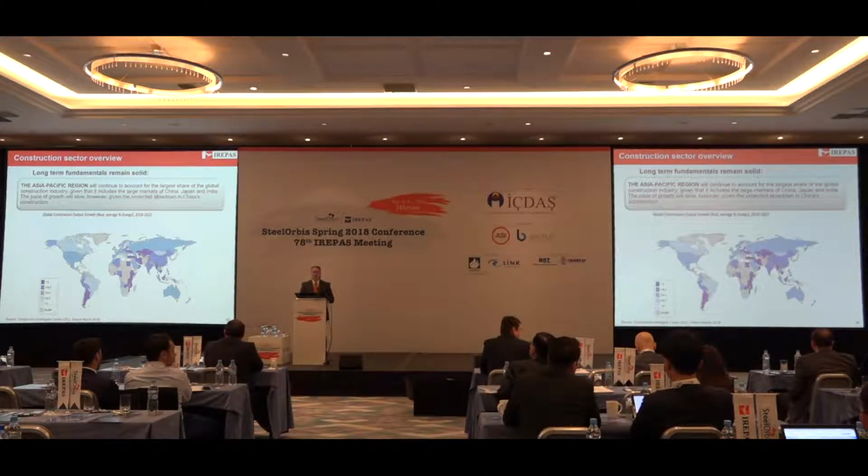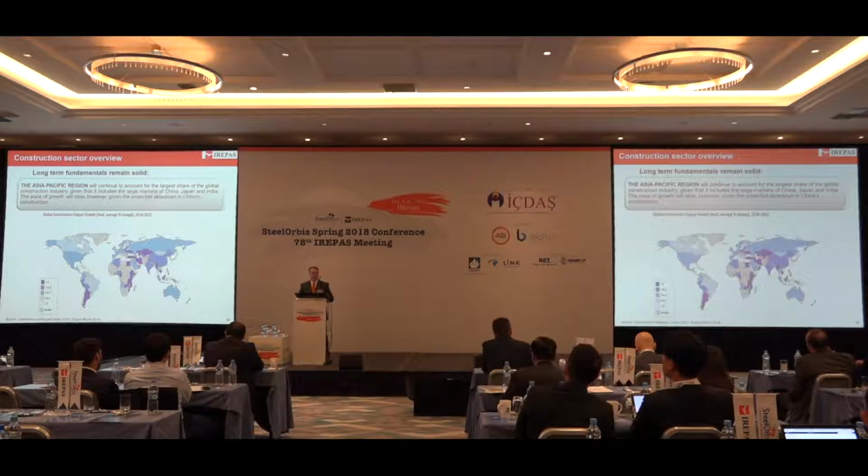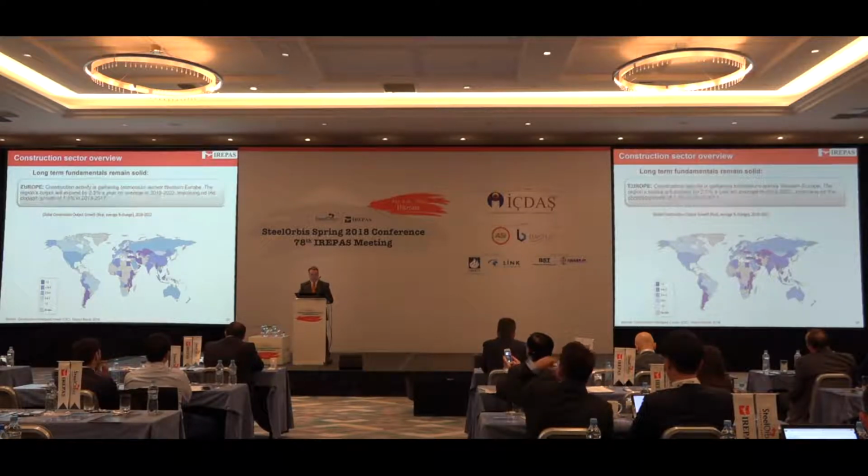That means that we will have only growth between 4 and 6% in this area. You can find that some Asian countries like Singapore, Malaysia, Thailand can compensate, let's say, the slowdown in the growth of the Chinese construction output, and then we will enjoy a growth between 4 and 6%, as I said before.